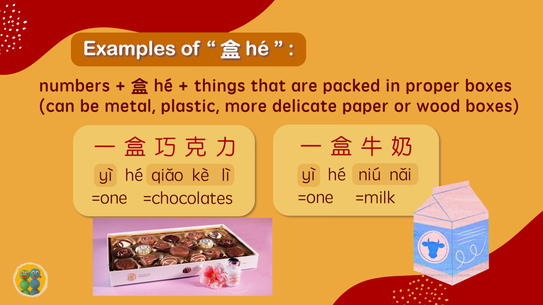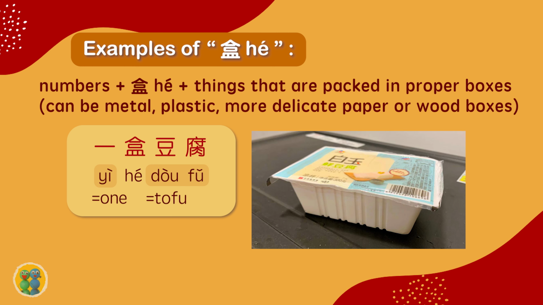We can see the things that use this measure word 盒 are normally food and in smaller box size. And next, 一盒豆腐. It means one. 豆腐 means tofu. So this measure word is mainly used for things, usually food, packed in proper but smaller boxes.